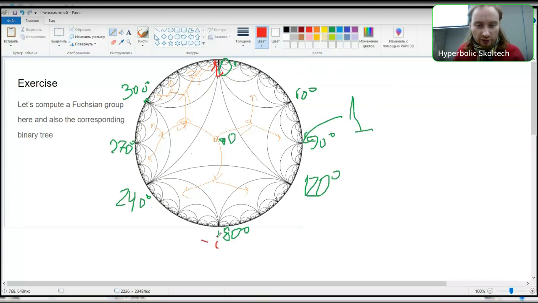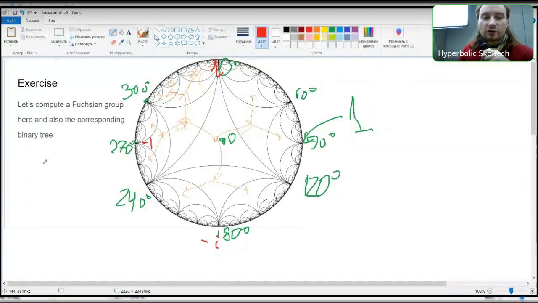This is minus i, and this is minus 1. So what are these points? This is the imaginary unit rotated over the angle of 120 degrees counterclockwise.